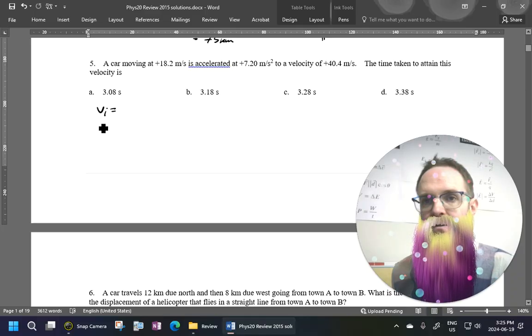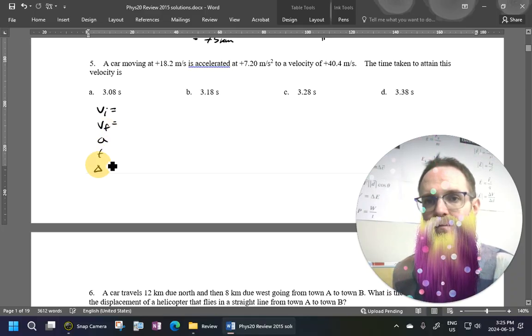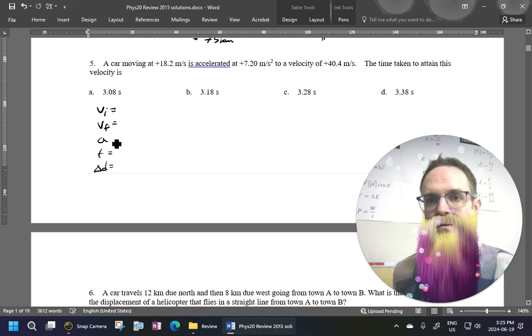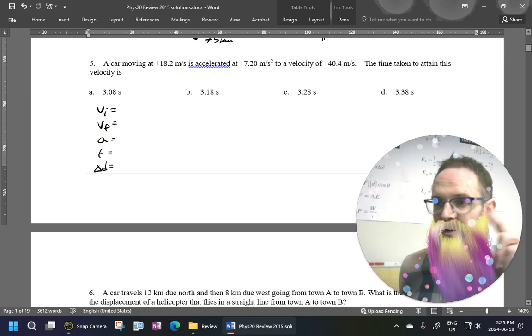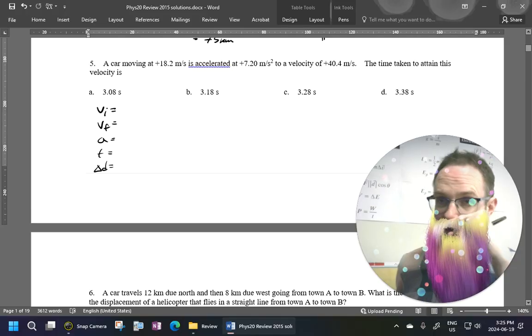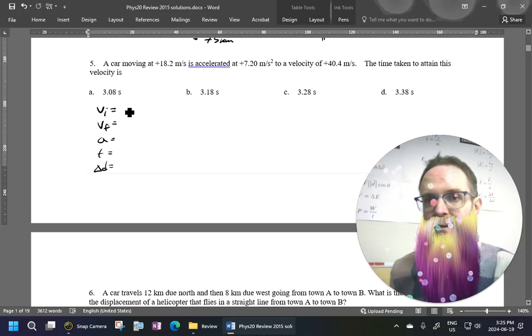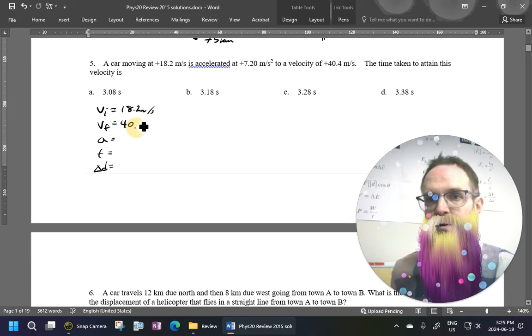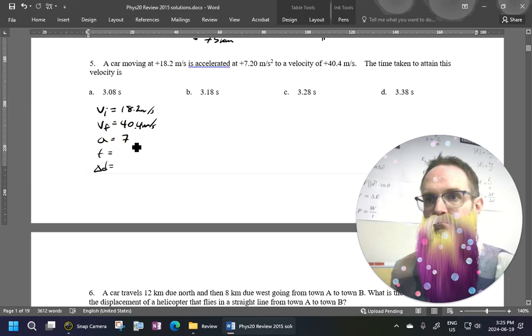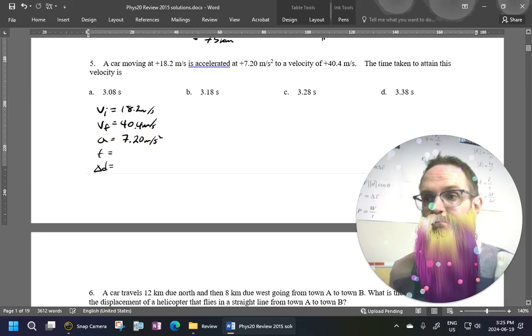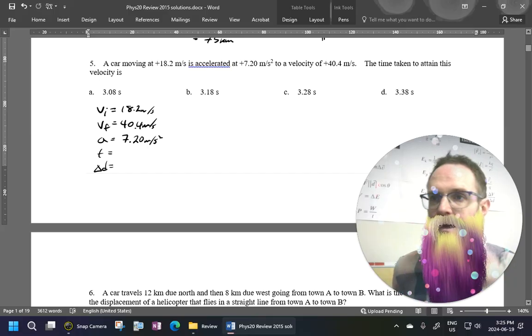We got initial velocity, final velocity, acceleration, time, maybe displacement, depends on what they're asking. Remember, you only need 3 of these to solve these kinds of questions when it comes to accelerated motion. As long as I have 3, which I think I do, I have 18.2 for my initial, I have 40.4 for my final, I have an acceleration, and we're looking for time.